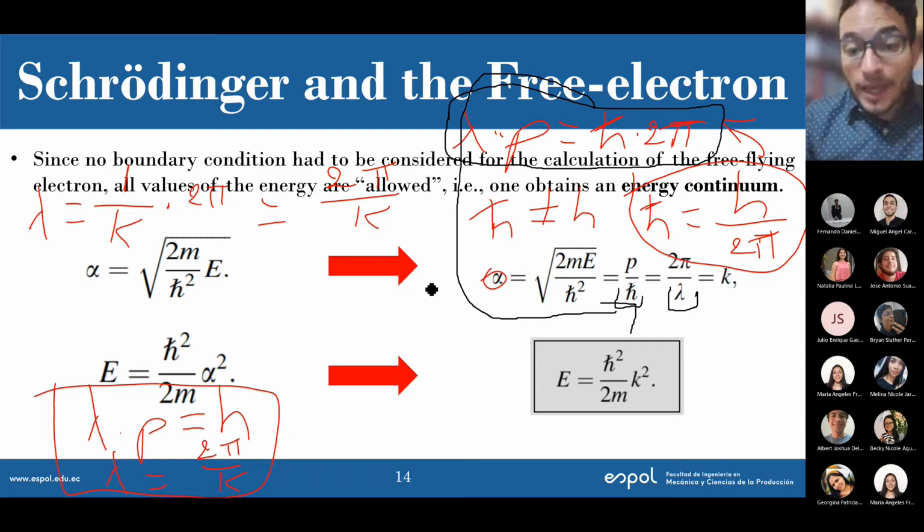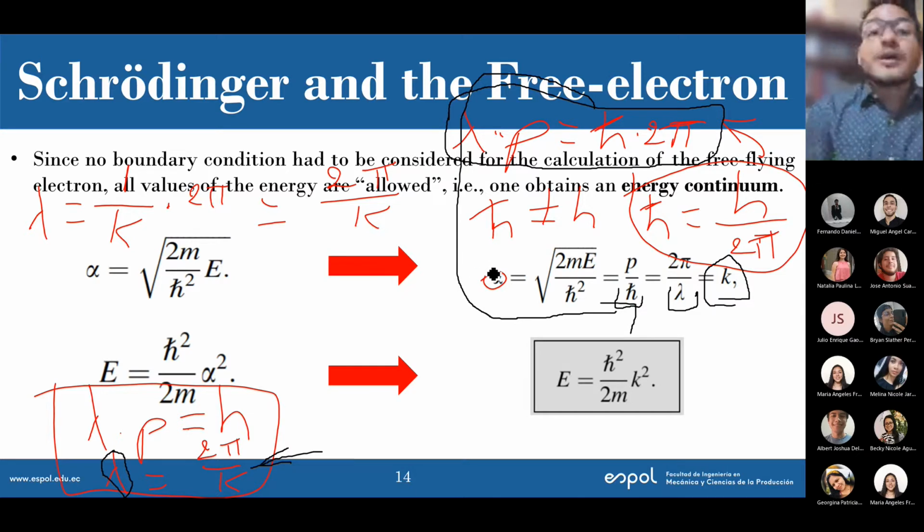But I also know that from this equation here, 2 pi divided by lambda, the wavelength, is equal to the wave number. And therefore, this little alpha that we didn't know what it means is actually equivalent to the wave number.